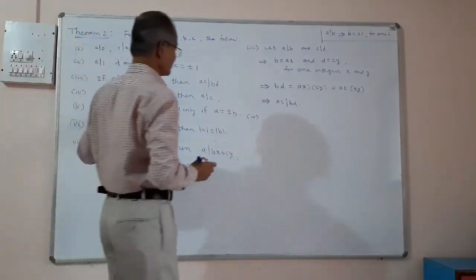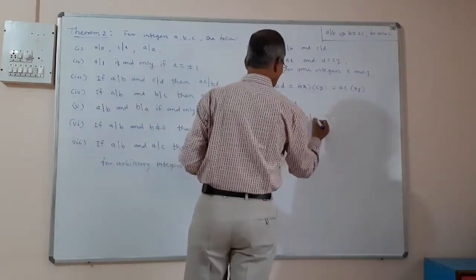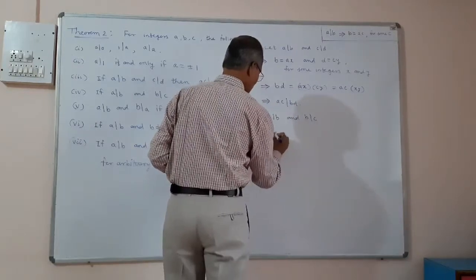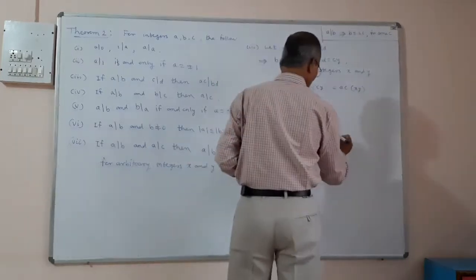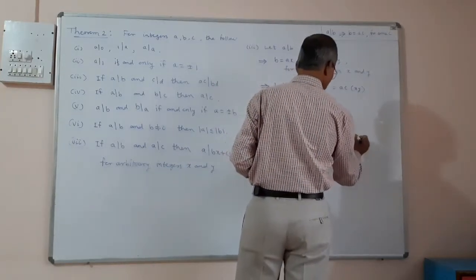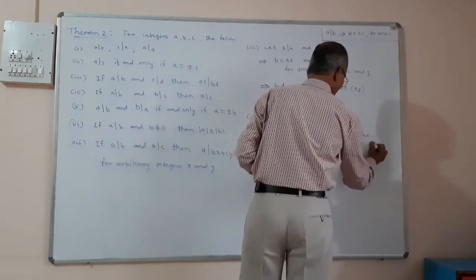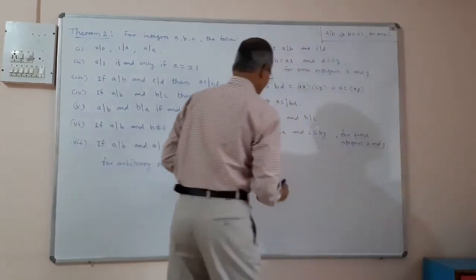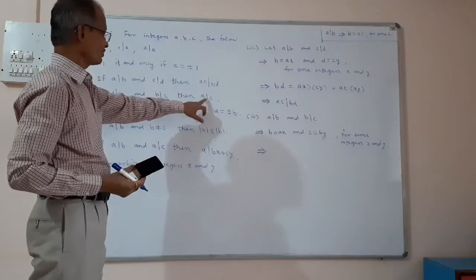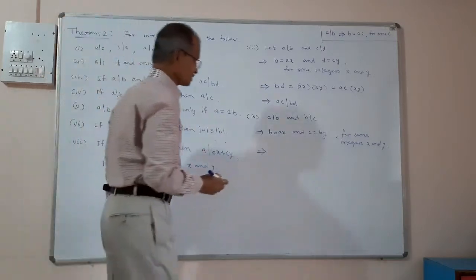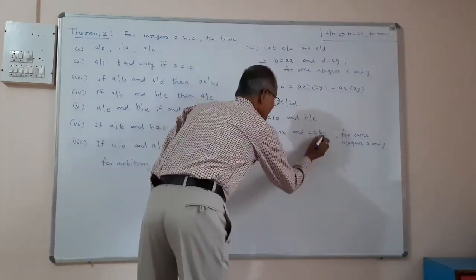A divides B and B divides C. So this implies B is equal to AX and C is equal to BY for some integers X and Y. And thus this will imply, now we want to prove A divides C, therefore write the expression for C. So C is equal to B into Y. But what is B?